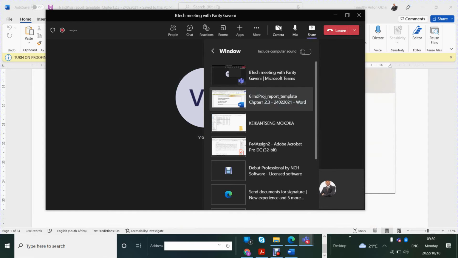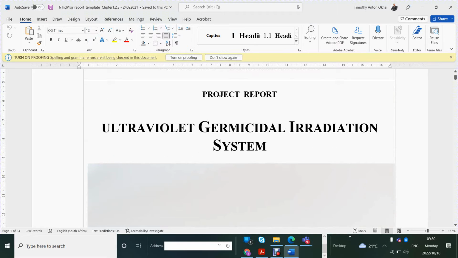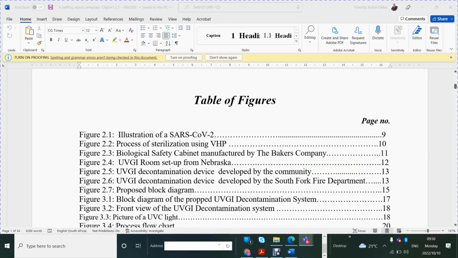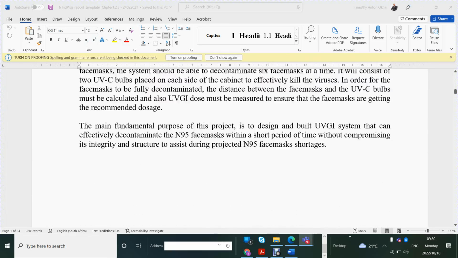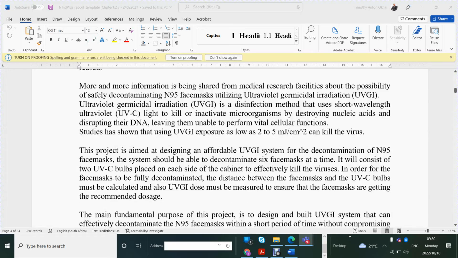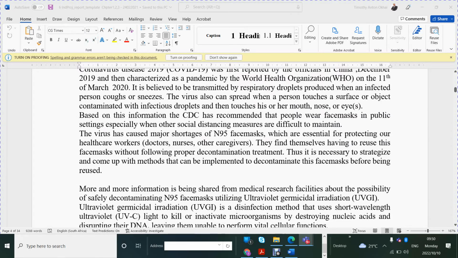That's the title of the project, ultraviolet germicidal irradiation system. Looking at the title, you cannot fully understand what the project is about. But when you go to the problem statement to try to see, okay, now let's also look at starting with the abstract. Let's see if it has those components.